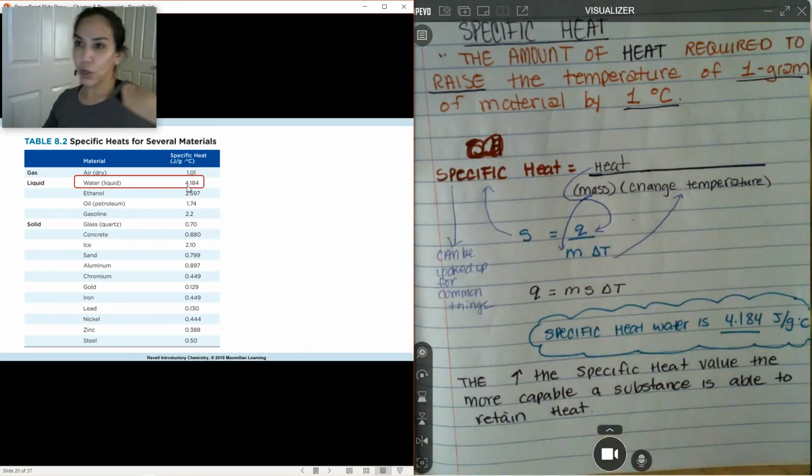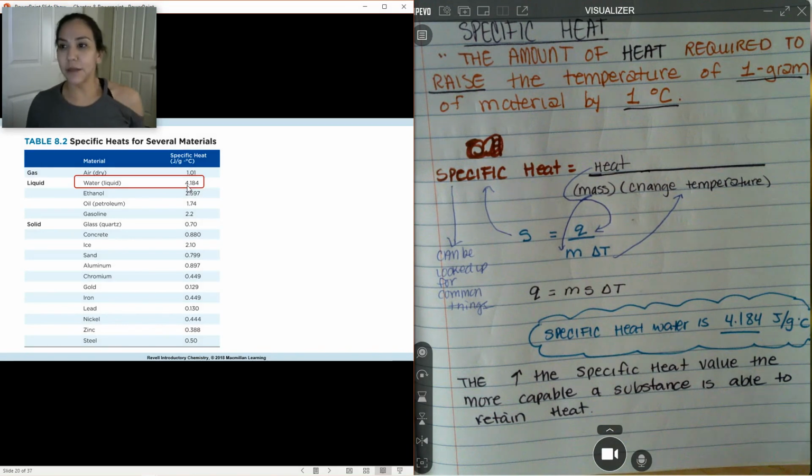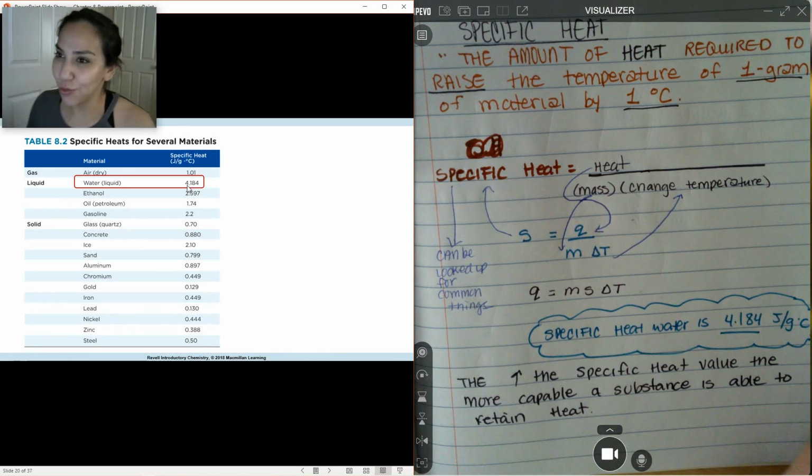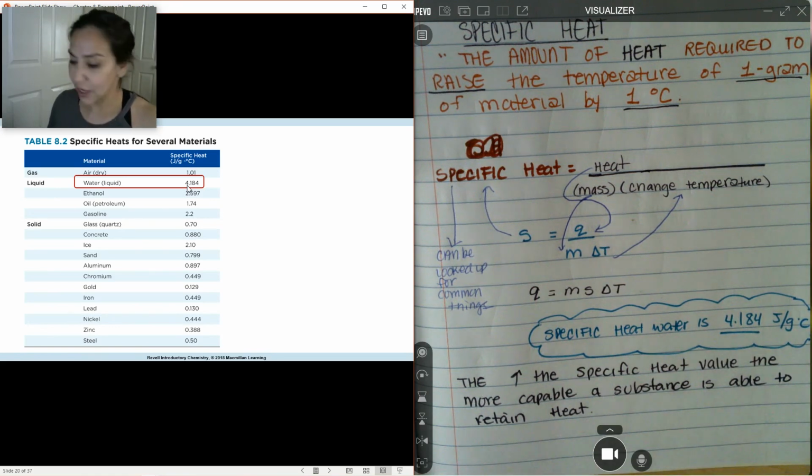Okay, you could heat up metal and water to 100 degrees Celsius and the metal will cool off right away, but your water won't cool off that fast. It'll take your water a while to cool off.